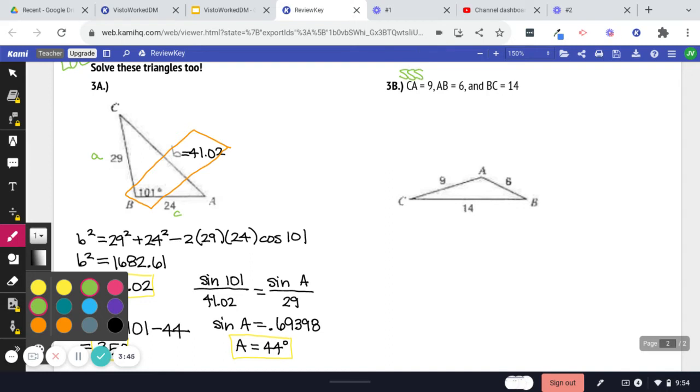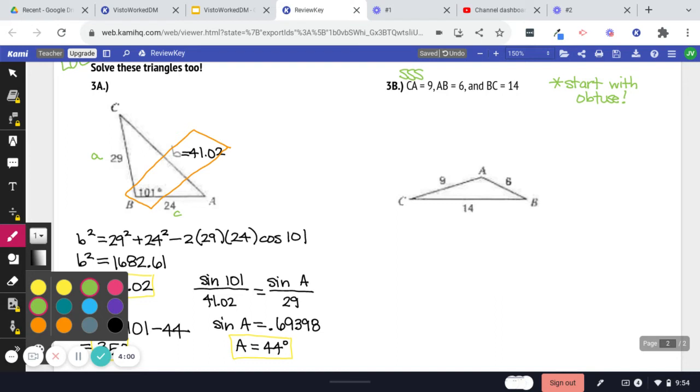Fabulous. 3b is another law of cosines question, but this is a case of side, side, side, right? We don't know any angles. Remember what we talked about when we're dealing with side, side, side. We're going to start with the one that could possibly be obtuse, right? We want to try and catch that early.